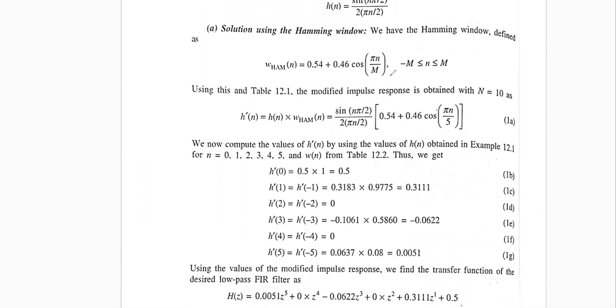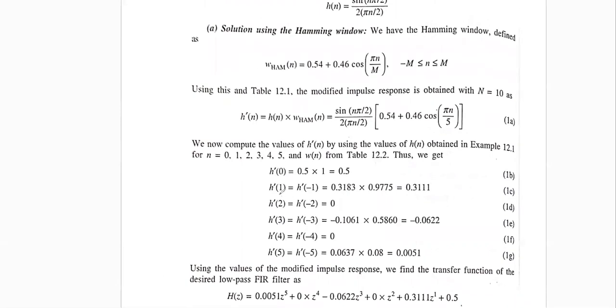So do the same thing. This is for the Hamming window. We know this value, and we need to find h prime 0. We already found h0. Then we multiply with the window factor, and then we get the final value.